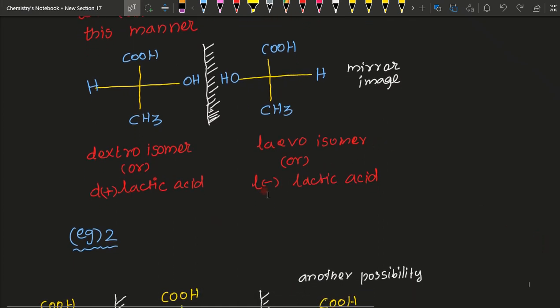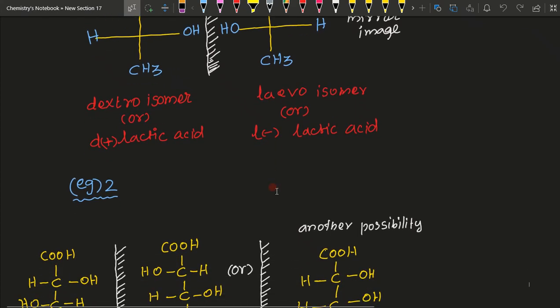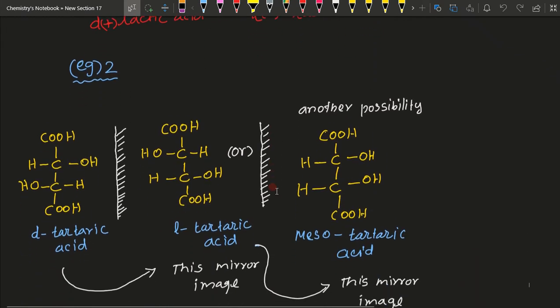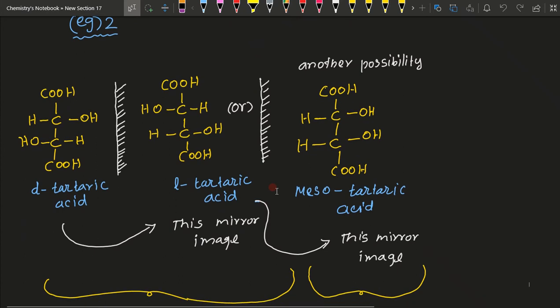Minus here means this compound is the mirror image, that is why it is given minus. That's all, don't get confused. Example 2, say tartaric acid.